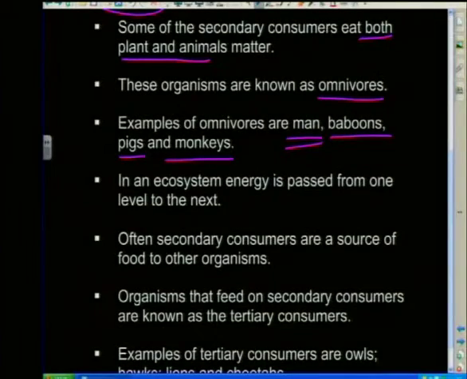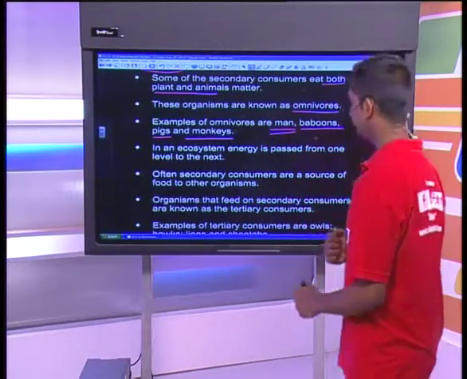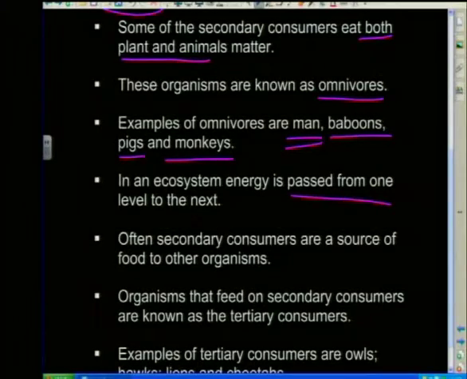The next thing we look at, in an ecosystem, is energy flow. And remember that energy is passed on from one organism to the next. So in an ecosystem, energy is passed on from one level to the next level. Often, the secondary consumers are a source of food to other organisms. And in turn, the organisms that feed on the secondary consumers are known as the tertiary consumers.